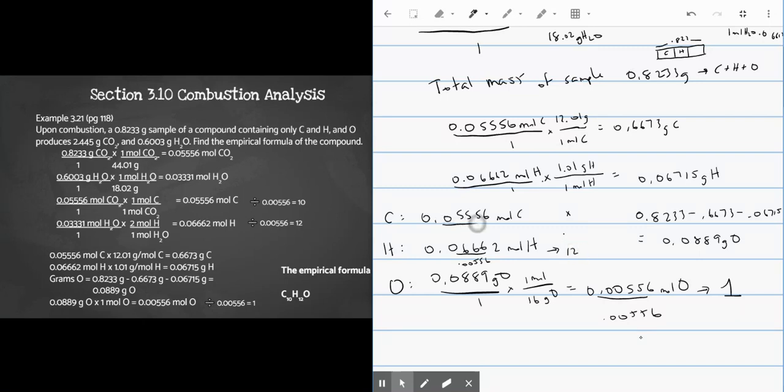And this divided by 0.00556, that is going to be 10. Okay, because this is 10 times smaller. So 10 to 12 to 1, and our final answer, we are done, is C10H12O1, which we don't write the 1. That is our empirical formula using combustion analysis, and that was a lot of work.